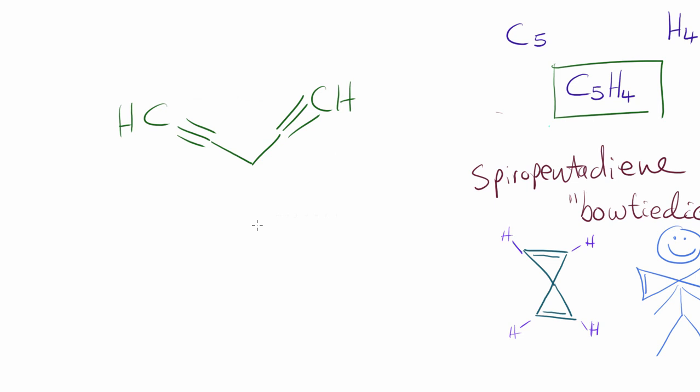One of the things you might notice is this carbon has already 4 bonds, and this one has 3 bonds, so you've got 1, 2, and then obviously you'd have 2 hydrogens, right?